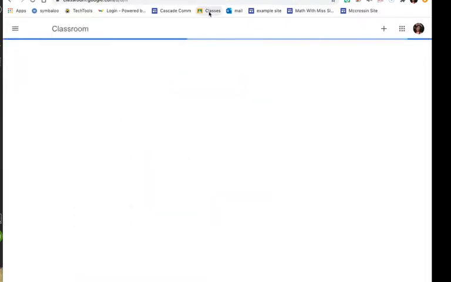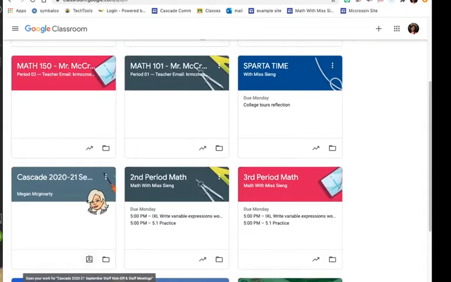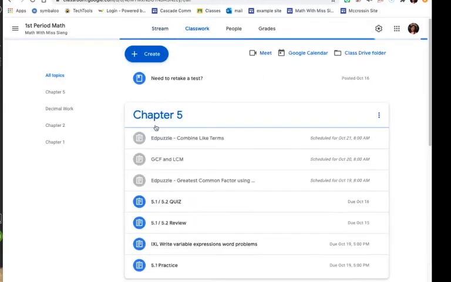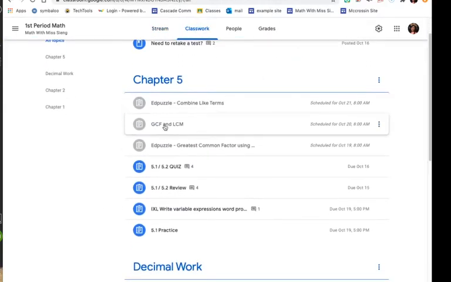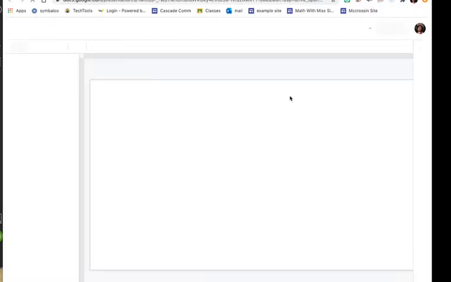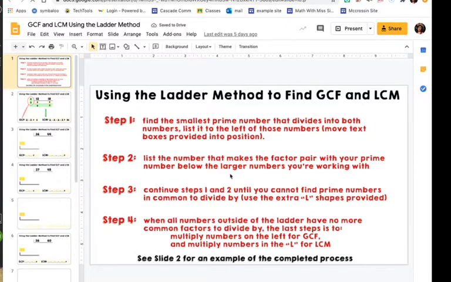So we'll go to our classroom. I'll go to first period, classwork, and then GCF and LCM. So this is what it is. You're going to open it, and it'll make you your own copy. It even tells you how to do the ladder method.